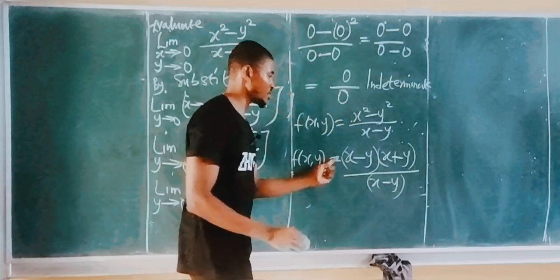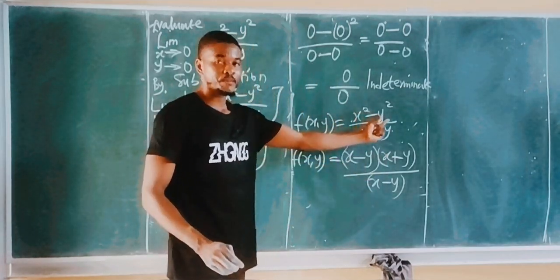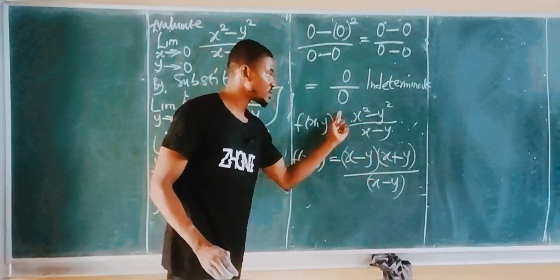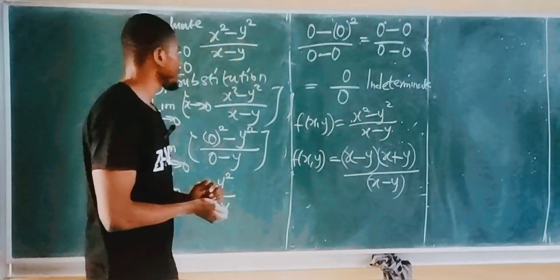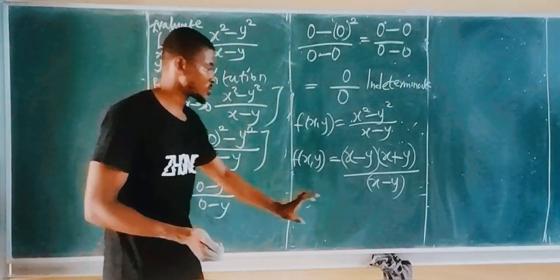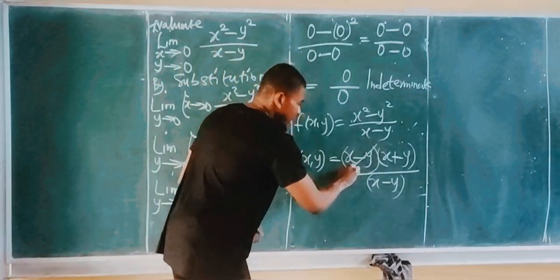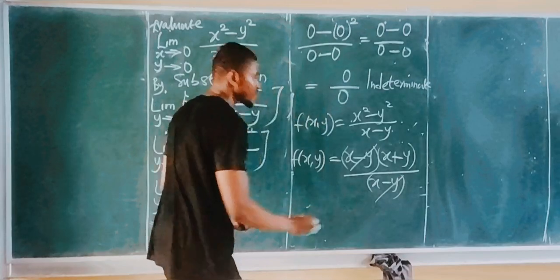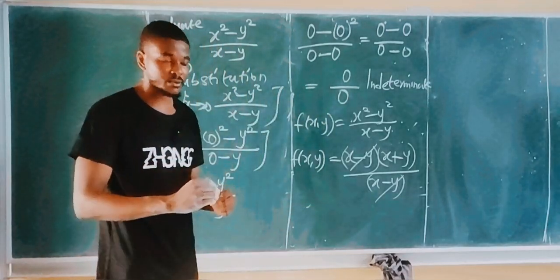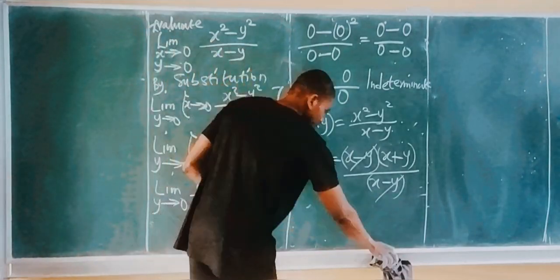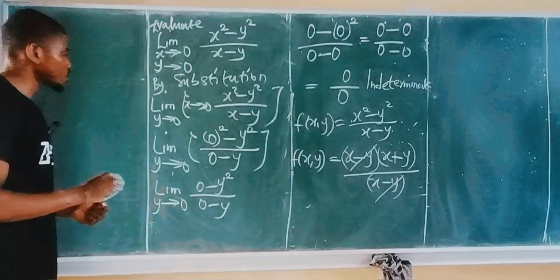So this becomes the factors of this. If I simply expand this bracket, I get back the original. So this function can also be written this way. From here, notice that x minus y can strike out x minus y. So this is by the factorization method.